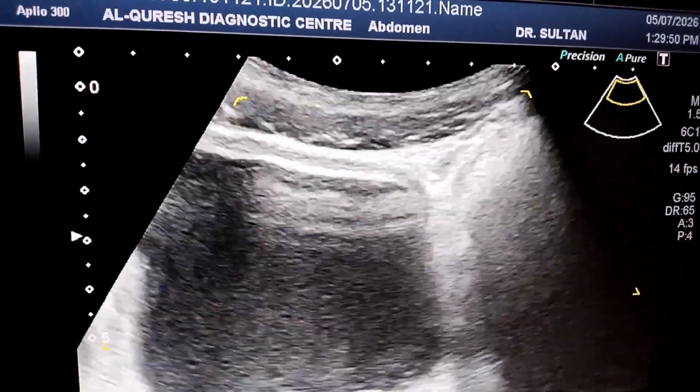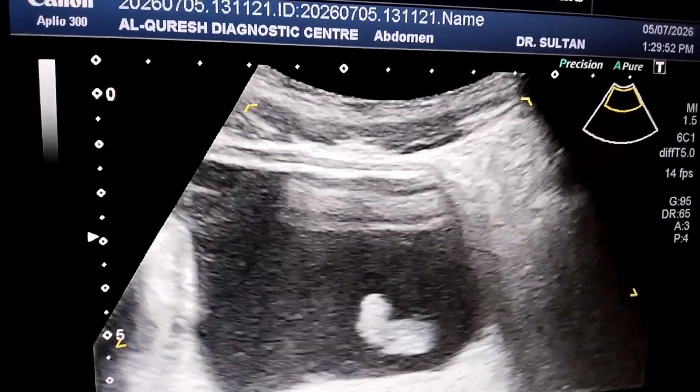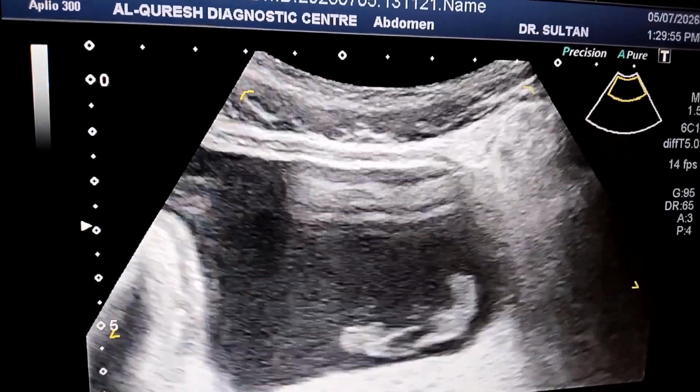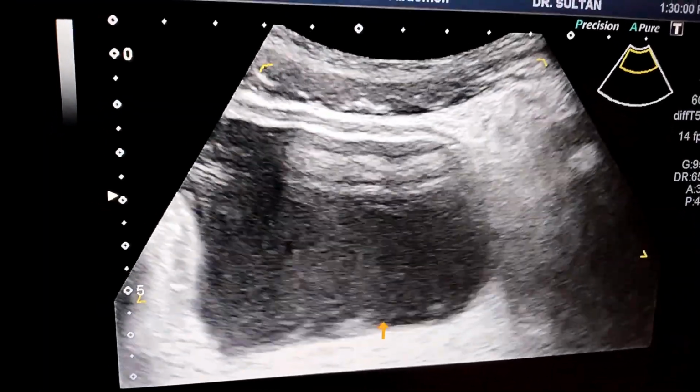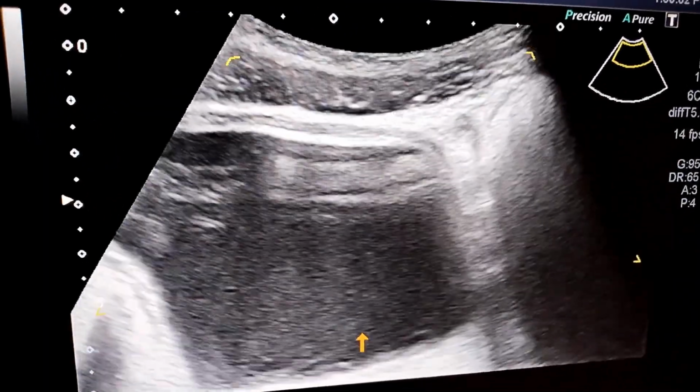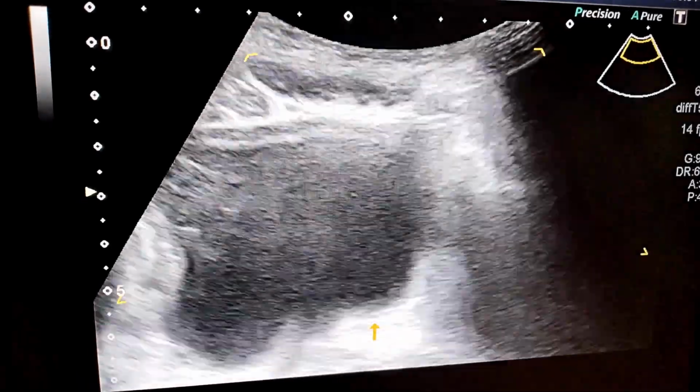So I have just tilted the patient. This is the urinary jet. Now I am again asking the patient to have a supine position.